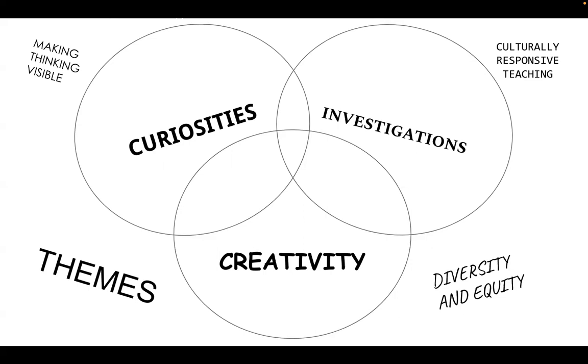Around the outside then, you see we have a theme-based approach that we have been doing now for the last several years that allows us to have a kind of a common connection to one another, but then allowing for that personal voice, that personal agency. We've examined this idea of making thinking visible. Culturally responsive teaching is a big part of this. And then, as is in many educational venues, how do we make sure that we are providing diversity and equity within what we teach?